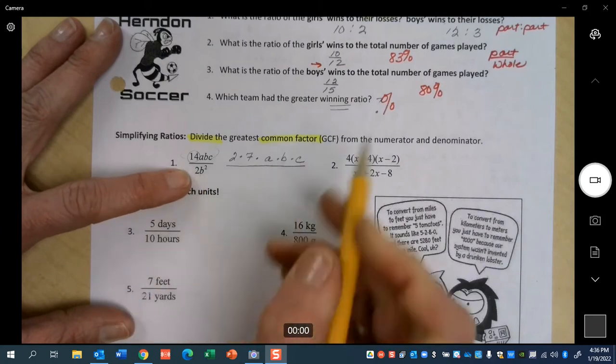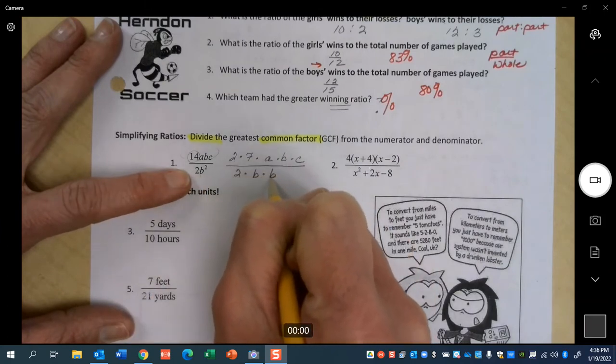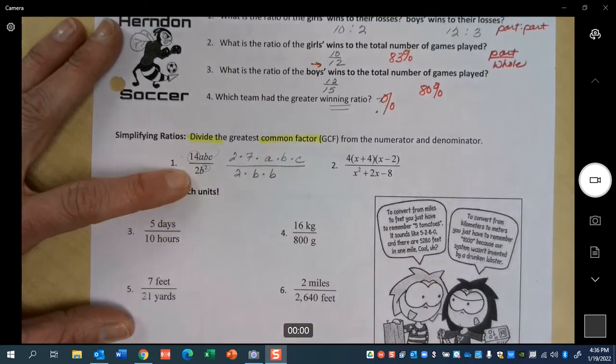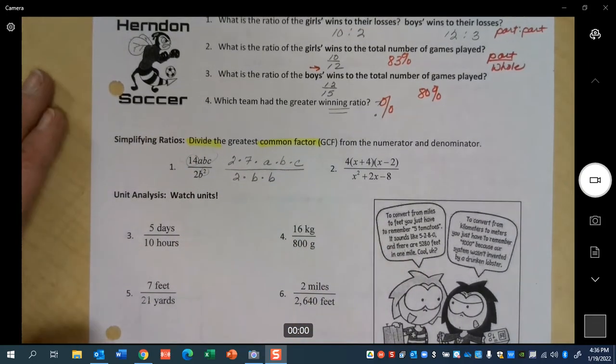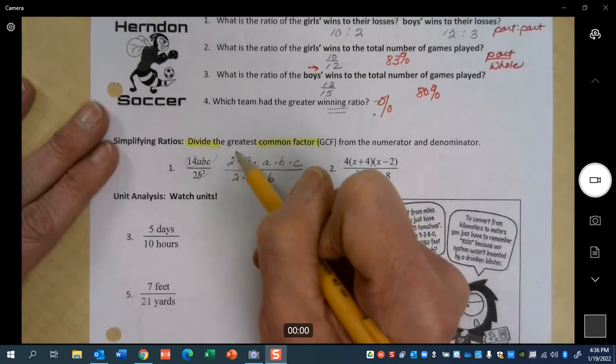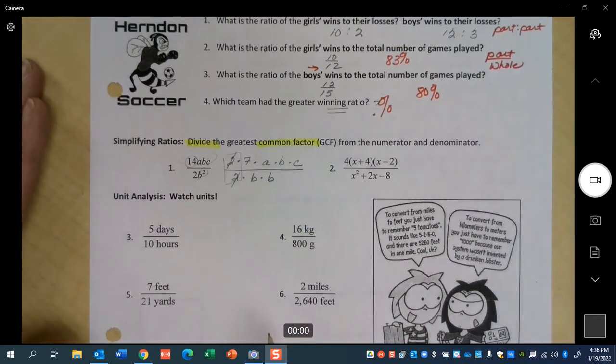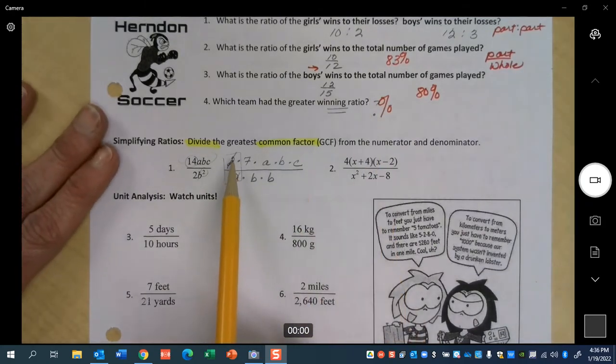When we talk about this denominator, I know that it's 2 times B because this squared means I have 2 B's. Any value that is in my numerator and my denominator has a value of 1. 2 over 2 is worth 1. Think about it. Do I want to multiply and then divide by the same number?